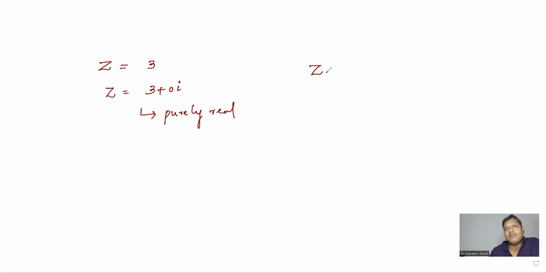For example, z1 equals 3 iota. That means I can write 3 iota as 0 plus 3 iota. Observing here, the real part of the complex number is 0. When the real part of a complex number is 0, then it is called purely imaginary.